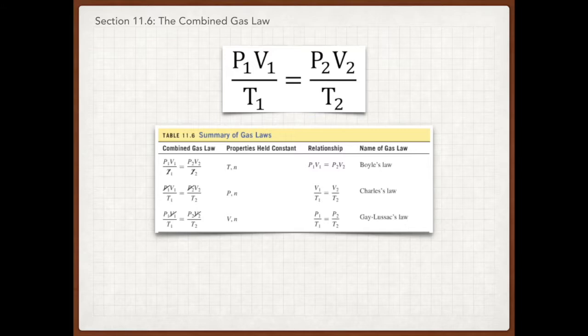If instead I kept pressure the same, then I would have Charles's law, V1 over T1 equals V2 over T2, showing that volume and temperature are directly related. And if my volume stays the same, I've got Gay-Lussac's law, P1 over T1 equals P2 over T2, showing that pressure and temperature are directly related as well. However, if all three of these variables change, then I need to use the combined gas law.